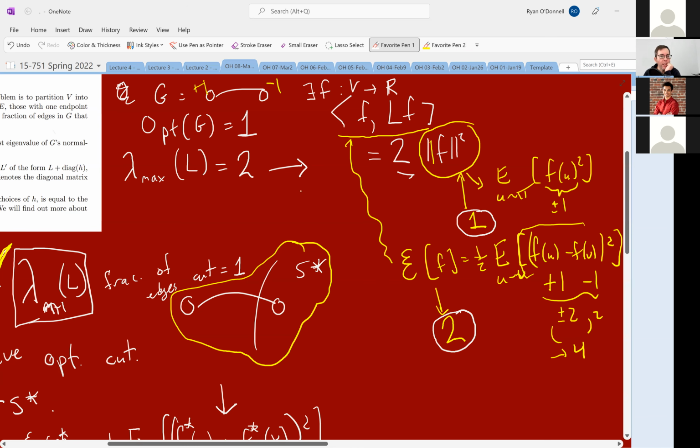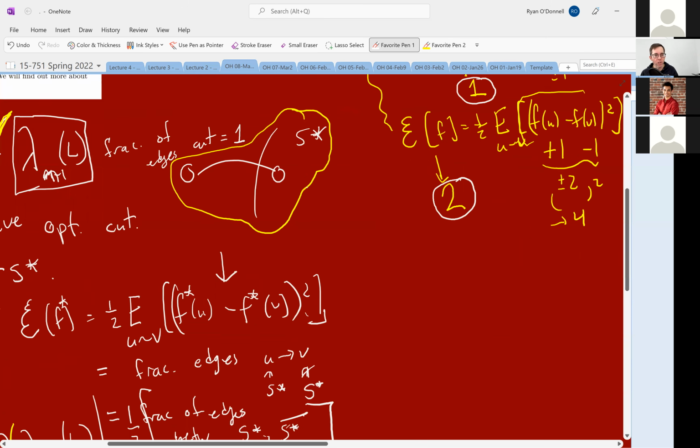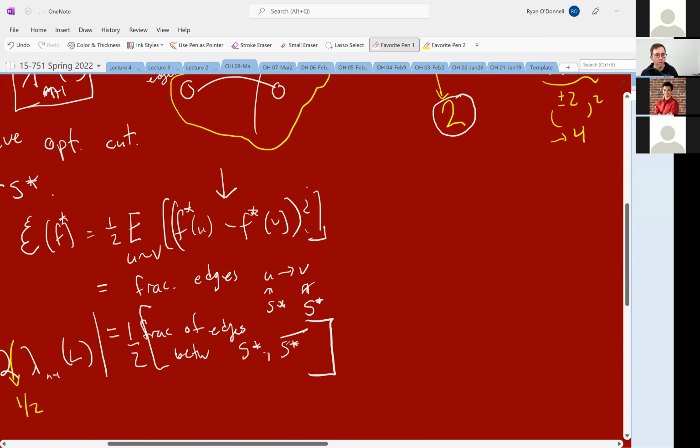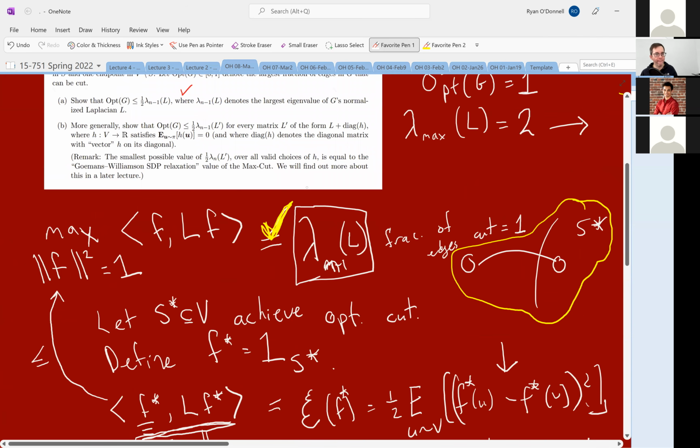So maybe if G was your entire graph, then it would be good to study this particular function. Perhaps that gives a suggestion of what to think about for part A.